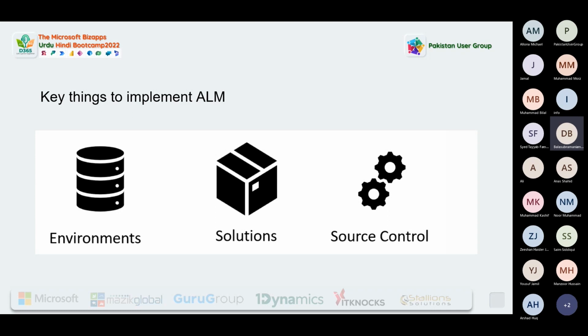A solution can be used to ensure all the new components have a universal naming prefix, and it is the method to author, package, maintain, and deliver the functional configurations and the custom code that extends the behavior of the Power Platform. And the solutions are of two types: the managed and the unmanaged solutions.